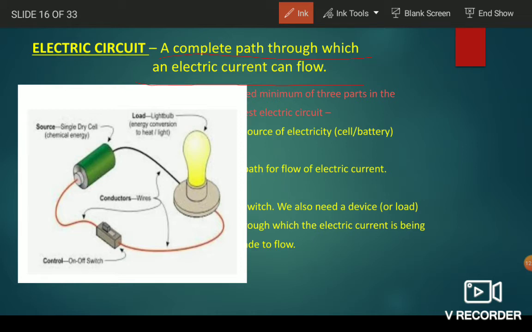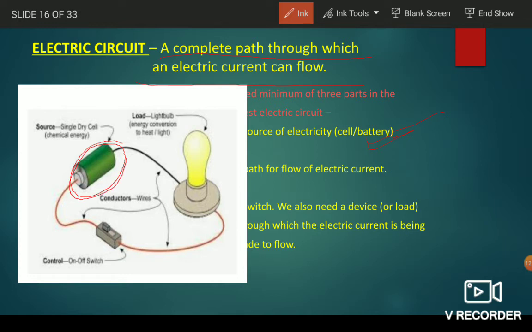And we need a minimum of 3 parts or 3 elements in the simplest electric circuit. And what are these 3 elements? First of all, a source of electricity. It can be a cell or battery. As you can see here in the picture, this is the cell.